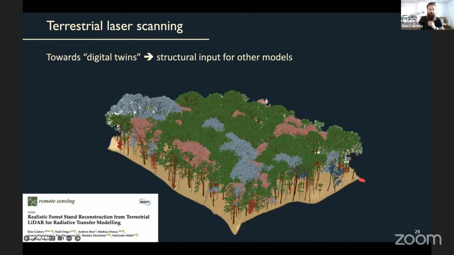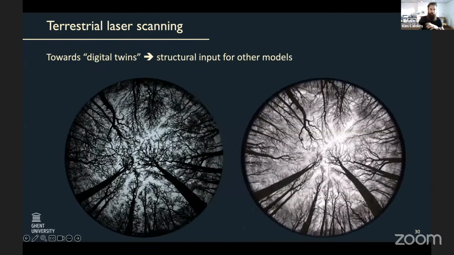We put the spectral information in there, and these are some examples of what you can actually do with them. So we have Wytham Woods that exists in real life. Here on the right you can see a real hemispherical photo in the real Wytham Woods, and on the left you have a simulated hemispherical photo in the virtual Wytham Woods at the same location that we took the photo in the real forest.